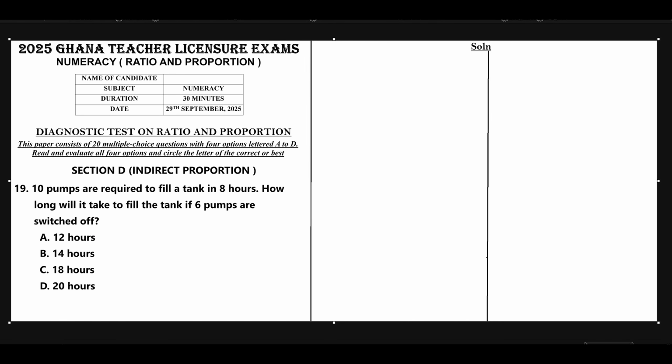Question 19. 10 pumps are required to fill a tank in 8 hours. How long will it take to fill the tank if 6 pumps are switched off? So first of all, we need to identify the quantities. And again, we have some number of pumps and then the time it takes to fill a tank.